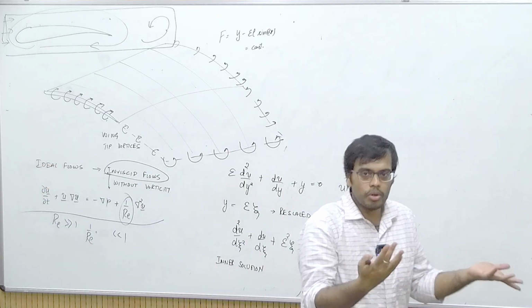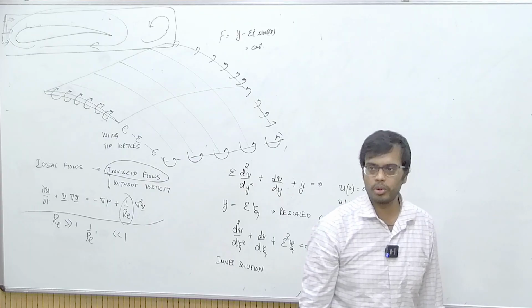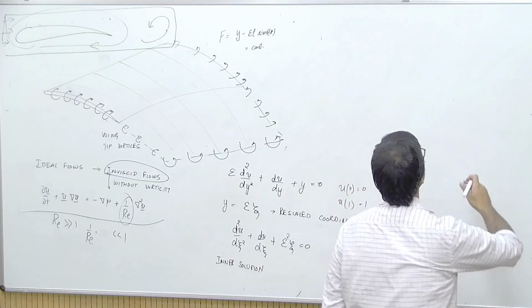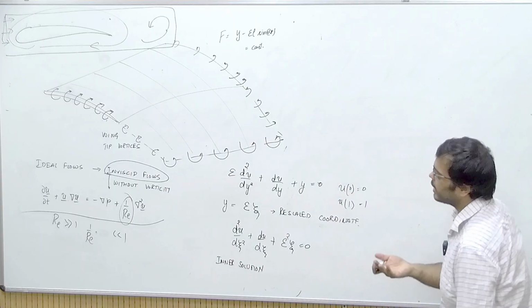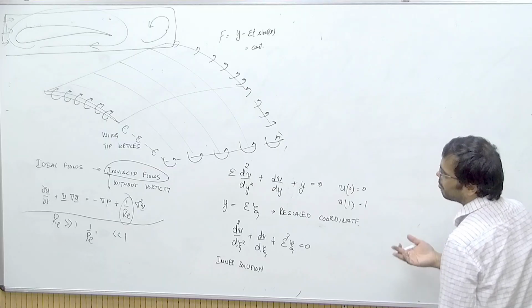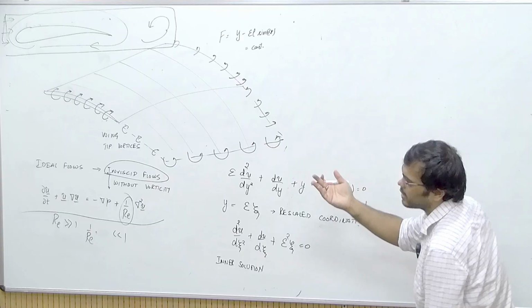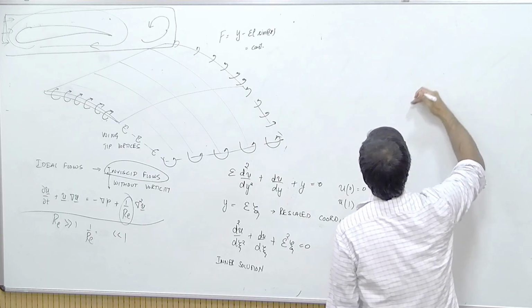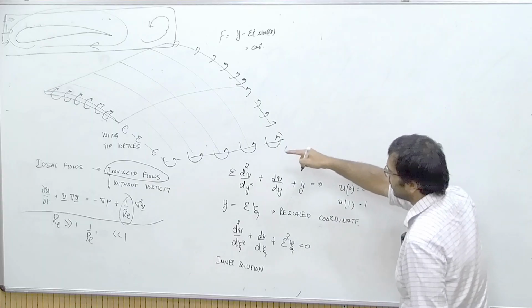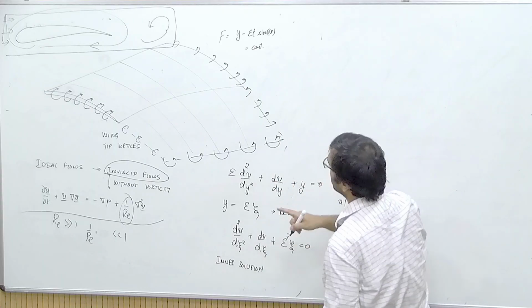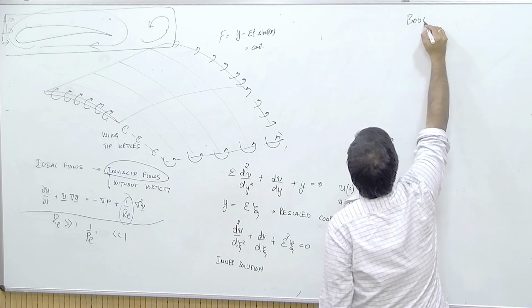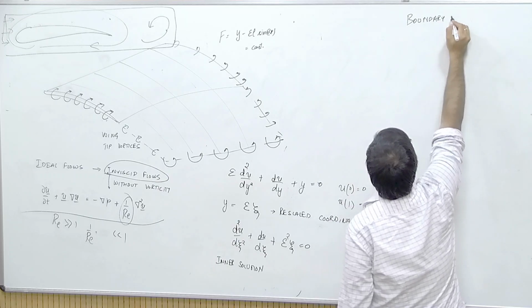So, you are practically interested in forces on the objects when flow is going past these objects. So, any practically relevant quantity, you cannot compute it very properly using inviscid analysis. The lift you can compute, but the drag you cannot, and in reality both are equally important. And to estimate a good value of the drag, we need to look at this inner solution, which brings us to boundary layer theory.